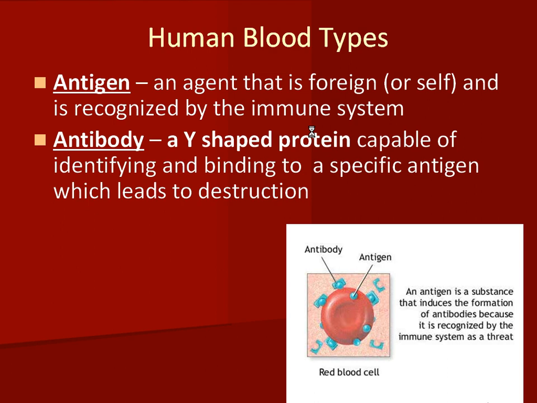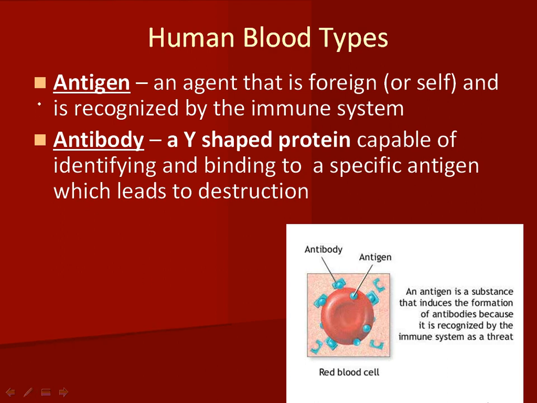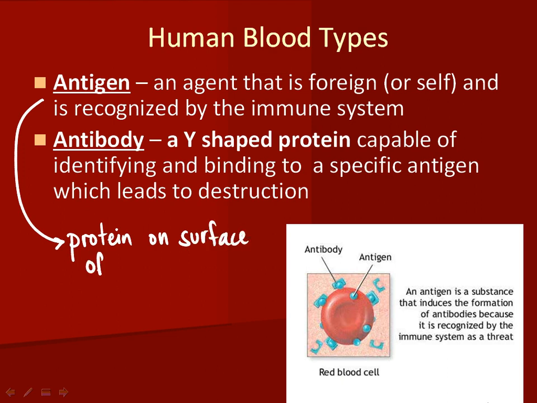And I should probably just put that little note in here. That might be easier than the note that I've got. So an antigen is a protein on the surface of a red blood cell. I'm just going to say RBC.